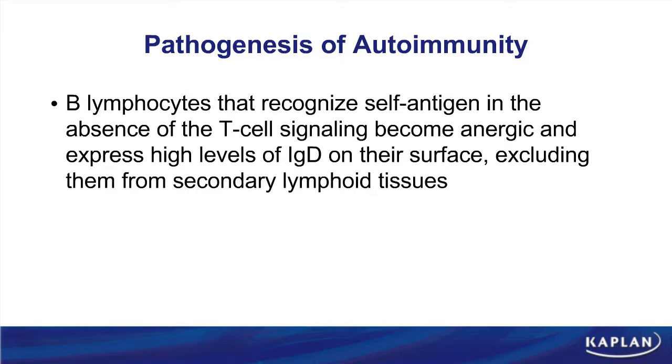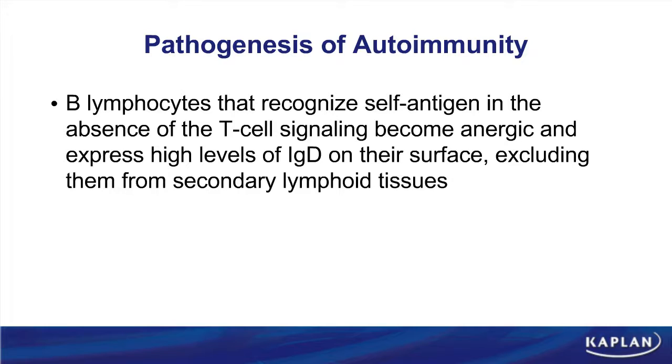All right, so we're going to take a look at B cells first. We talked a little bit about B cell selection. We know that this happens in the bone marrow during the immature B cell stage. But should cells get released into the periphery that are potentially reactive to self, in the absence of T cell signaling, they can become anergic, which of course means that they're non-functional.